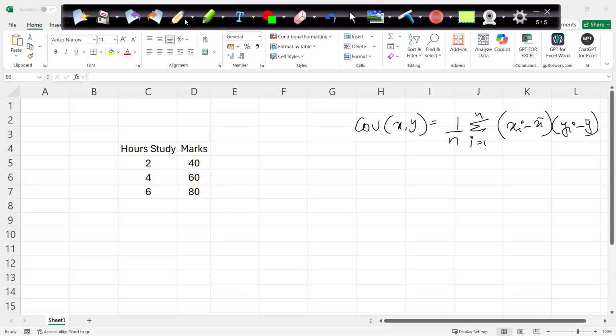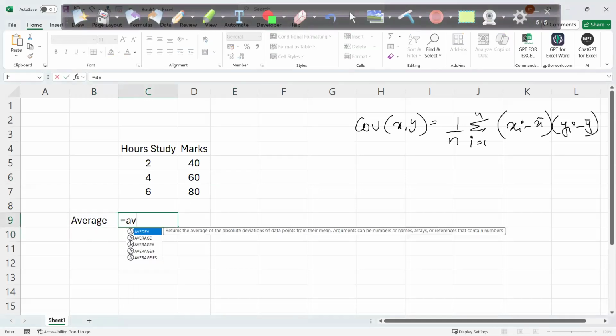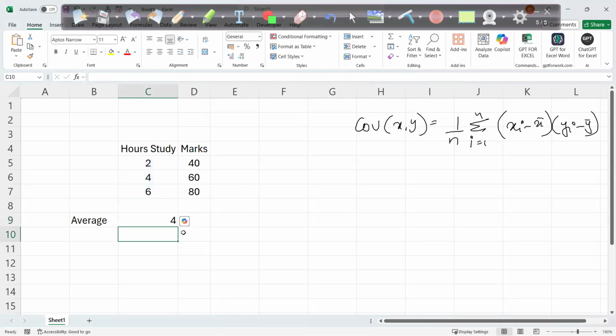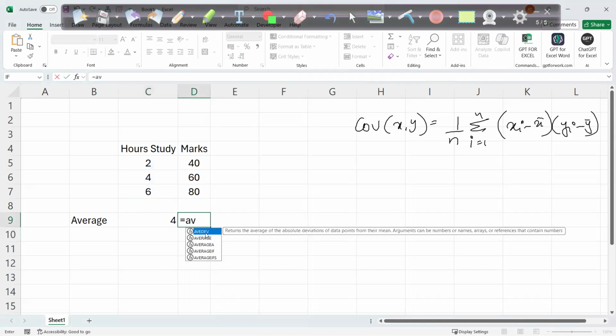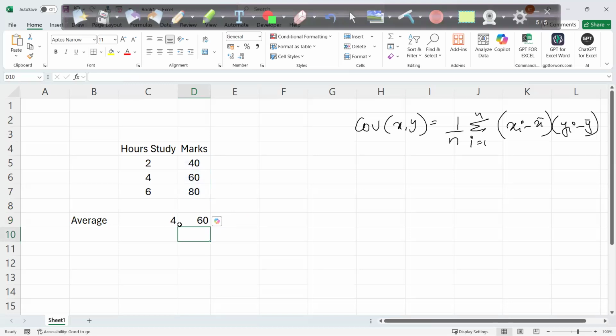N I already know. N is nothing but 3 records. X bar and y bar is nothing but the average. So I want the average of your x, average of your y. So I got the averages.